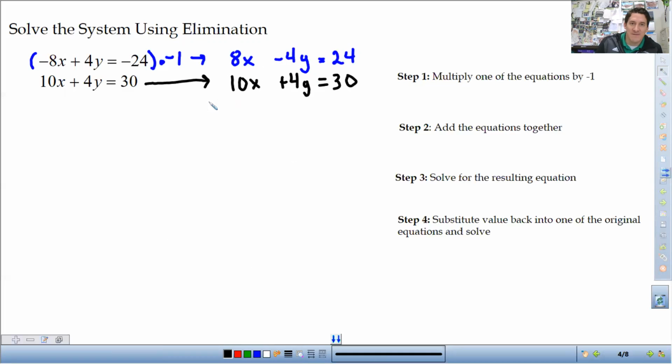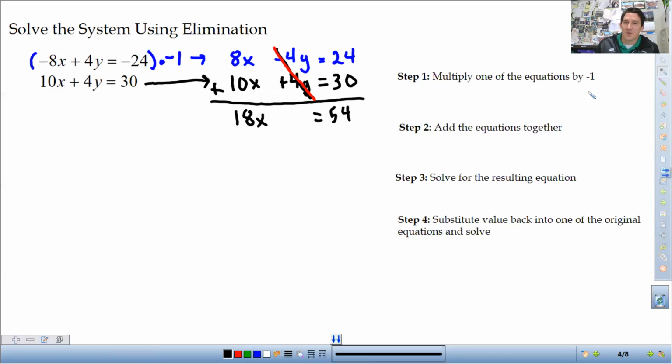Now, if I add the equations together, 8x plus 10x is 18x. Negative 4y plus 4y, now that cancels out. Since I had one positive, one negative, now it cancels out. 0, so I can just cross it out. 24 plus 30 is 54.